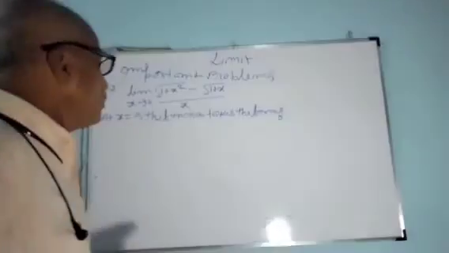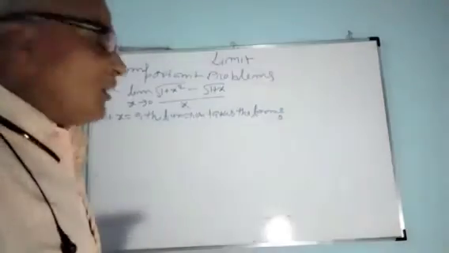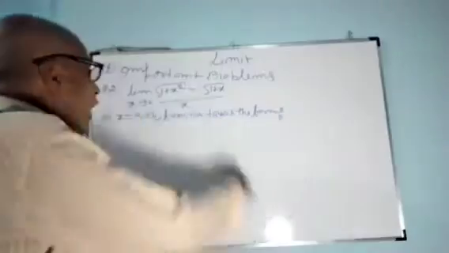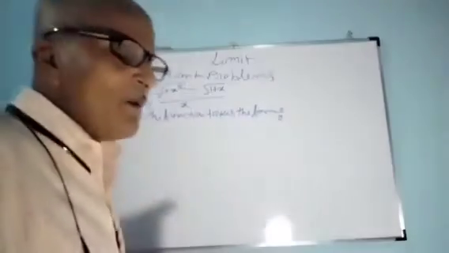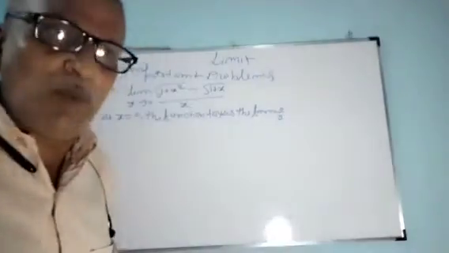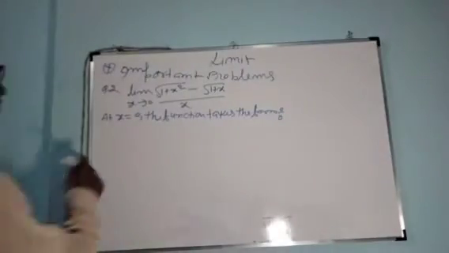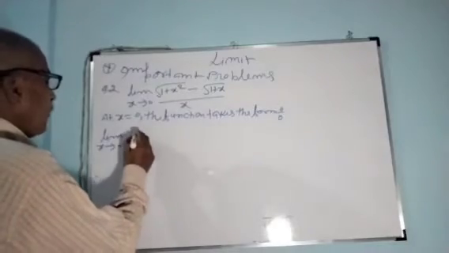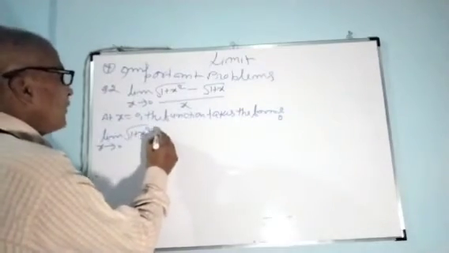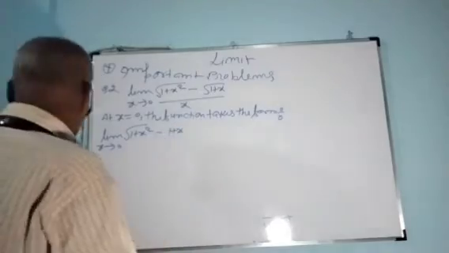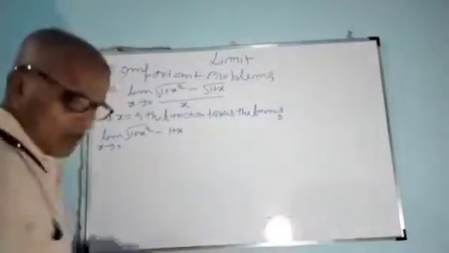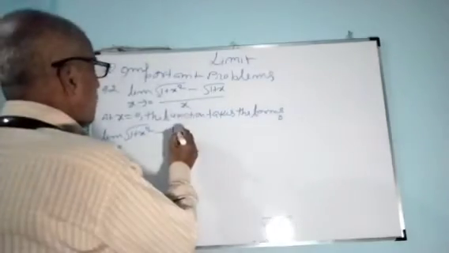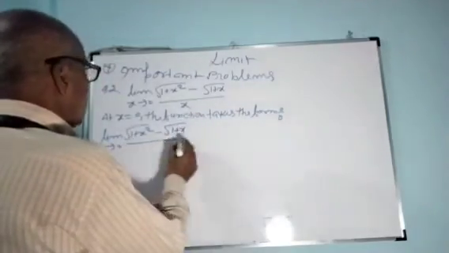That is, we multiply and divide the function by the conjugate of the numerator. In this way, we are able to obtain the limiting value. Let us see.